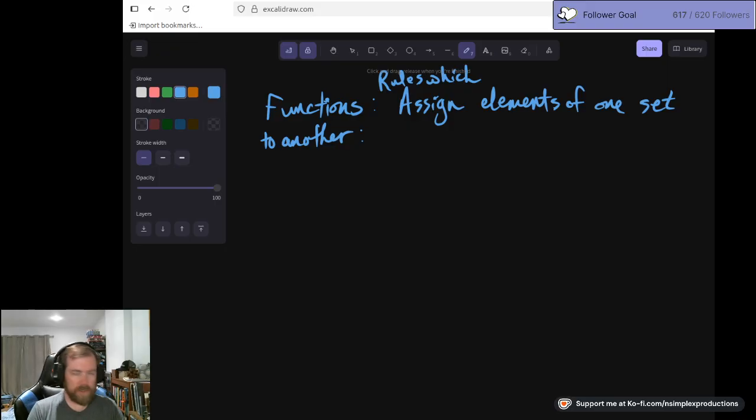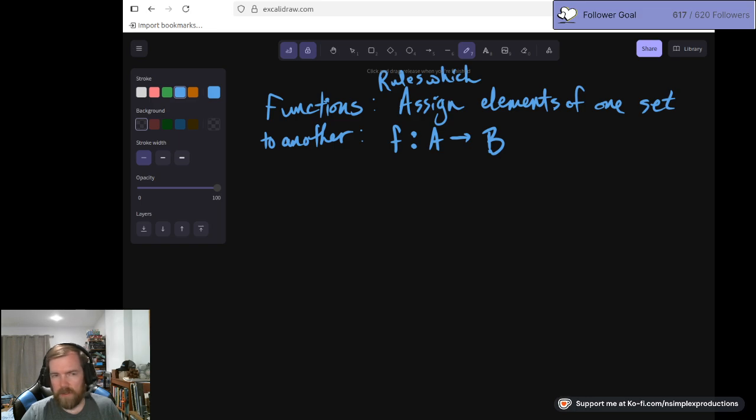So generally speaking, we say that a function is that rule which is going to assign elements of set A onto elements of set B. We have to be very careful about the actual words we pick because they do mean something. The word onto really does mean that all of the elements of one thing are going to be mapped to an entire new set.